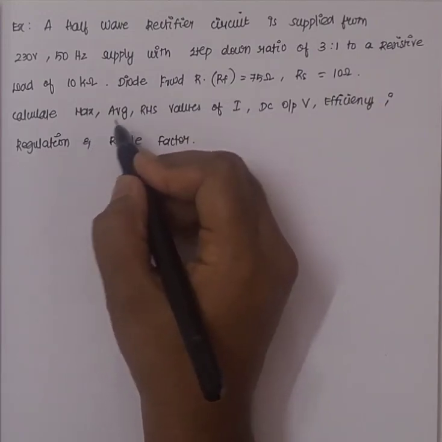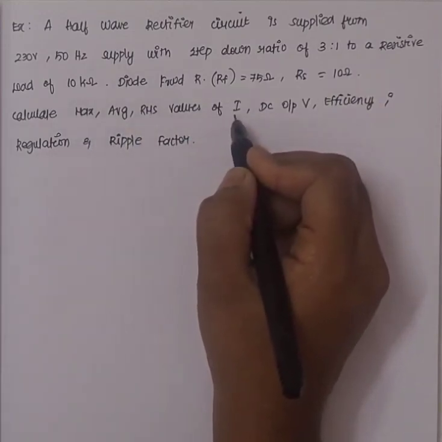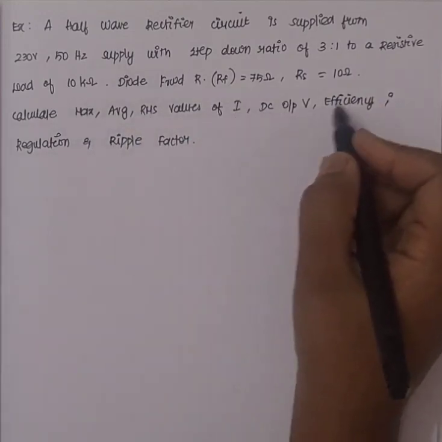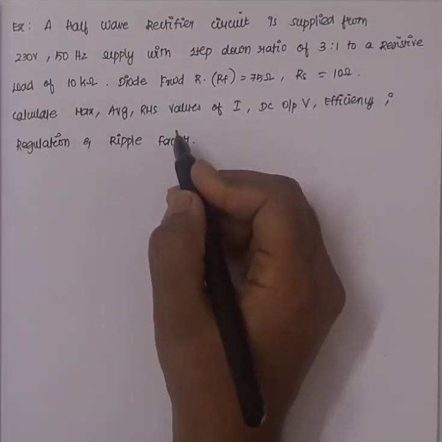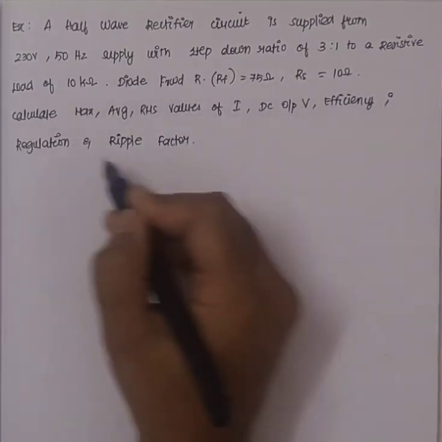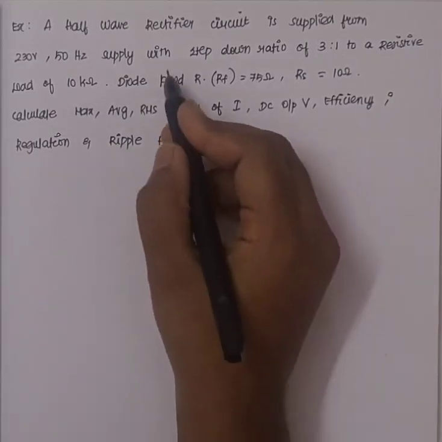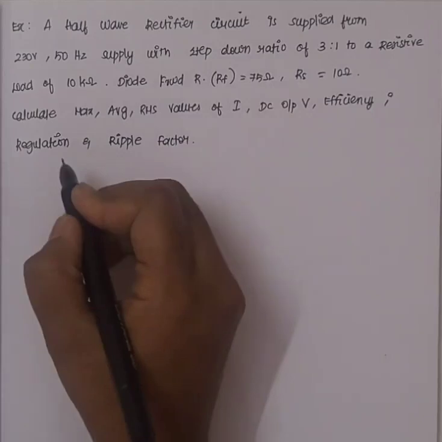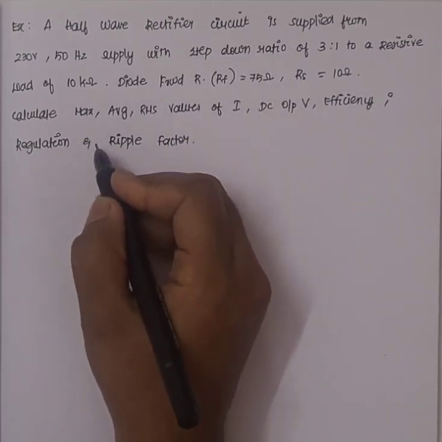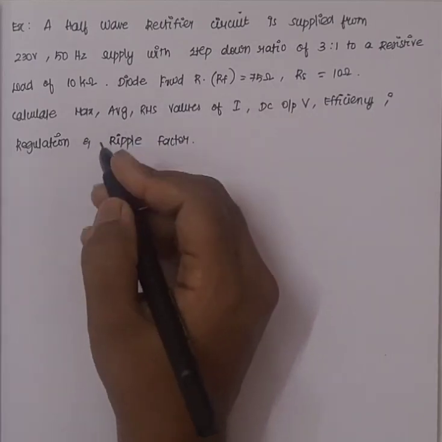Calculate maximum, average and RMS values of current, DC output voltage, efficiency, voltage regulation, and ripple factor. We have derived the equations for all these parameters, and we have the necessary input values also. Using that, we can proceed to solve this question.